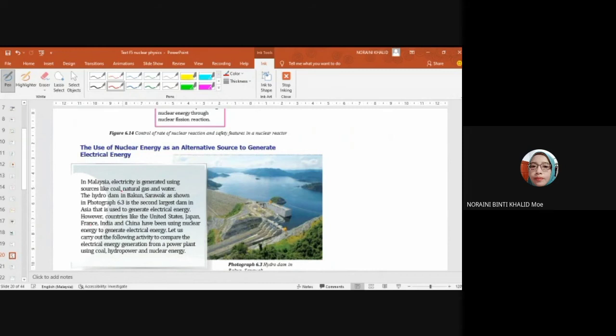In Malaysia, electricity is generated using sources like coal, natural gas, and water. We have a hydropower electric dam in Bakun, Sarawak, the second largest dam in Asia, used to generate electrical energy. However, countries like the US, Japan, France, India, and China have been using nuclear energy to generate electrical energy.